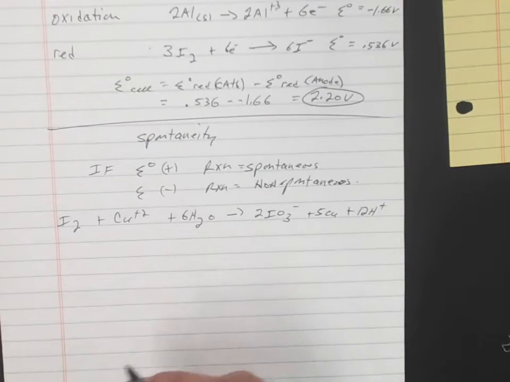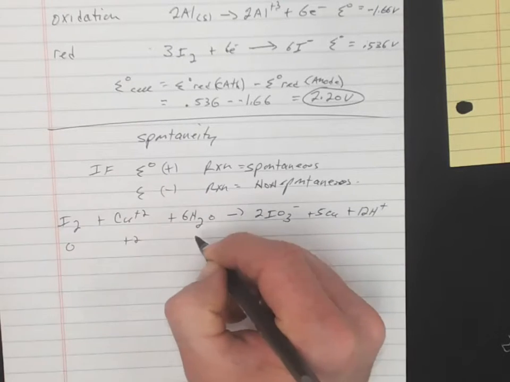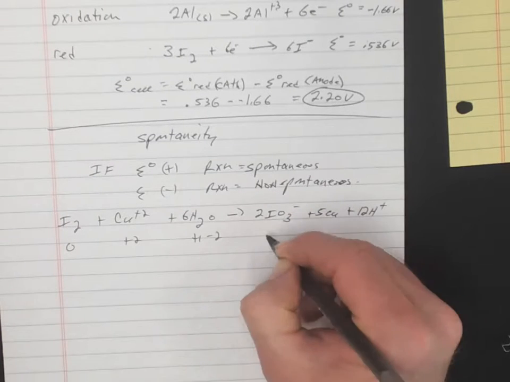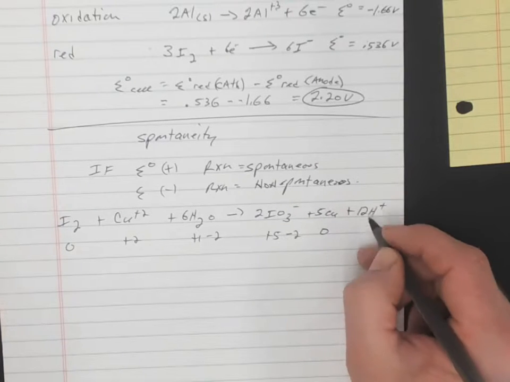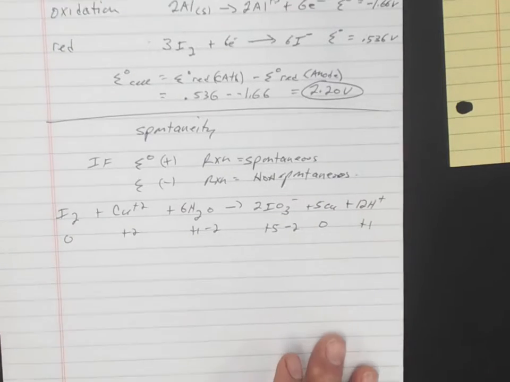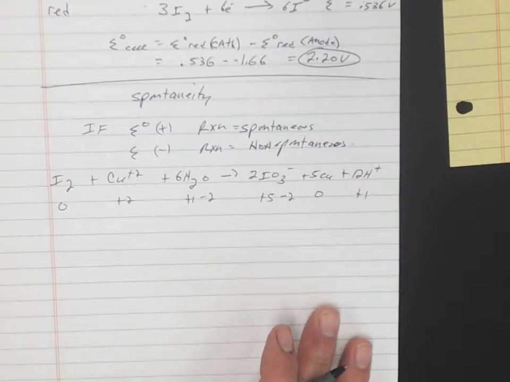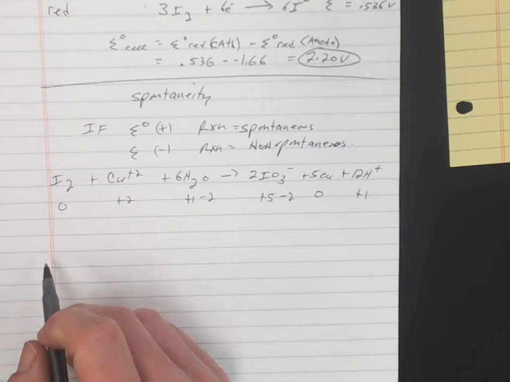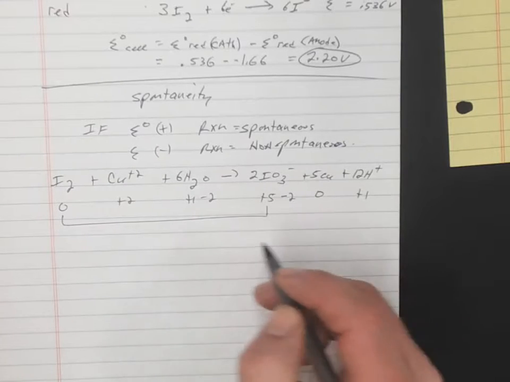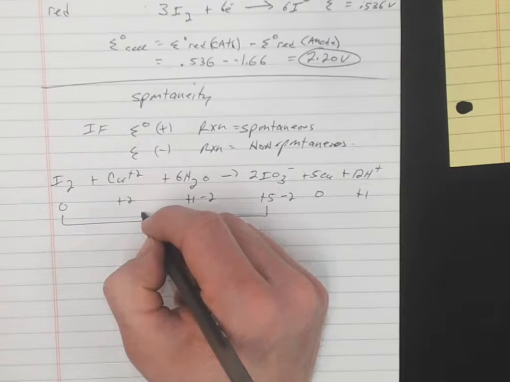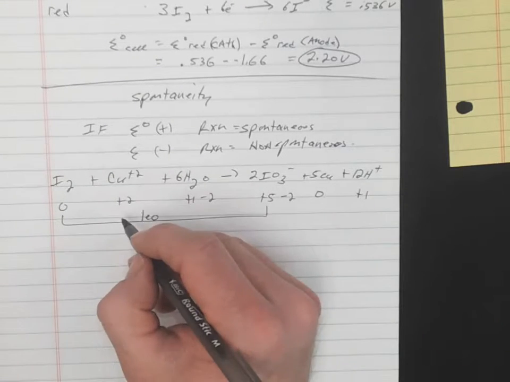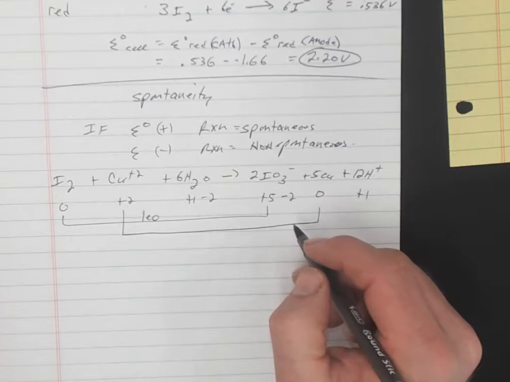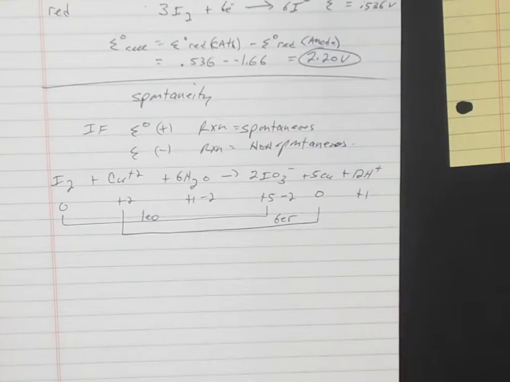If we assign oxidation numbers here and write half reactions, we would have 0, plus 2, plus 1, minus 2, plus 5, negative 2, 0, and plus 1. Looks like our iodine goes from 0 up to plus 5. That is going to be our LEO. And our copper drops from plus 2 down to 0. So that is our GER.